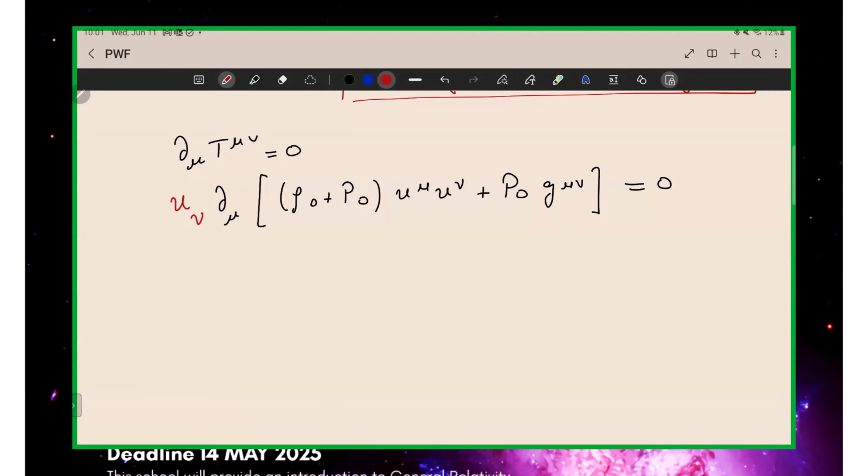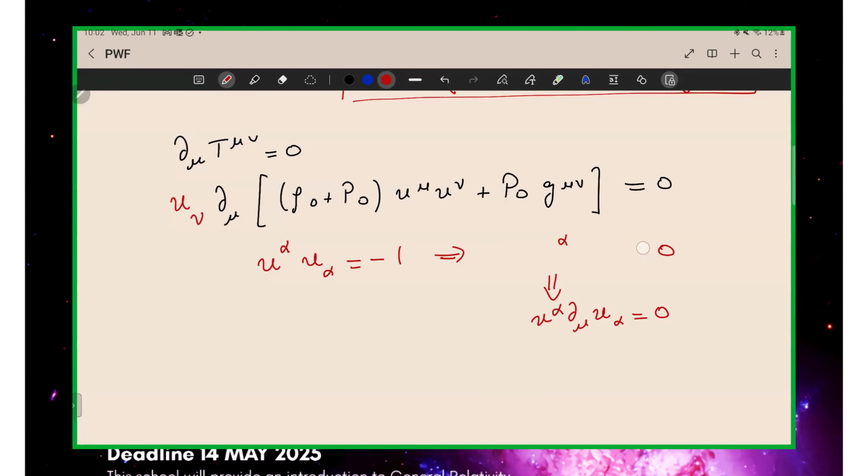By the way, I have to remind you of something. You have to remember that the four-velocity, when contracted with itself, gives you -1, right? If you take the derivative of this equation, you will get 0 because -1's derivative is 0. But you can simplify that equation to show that this has to be 0, right?